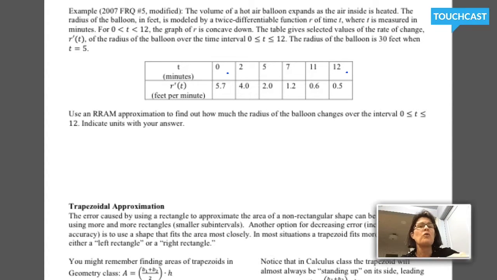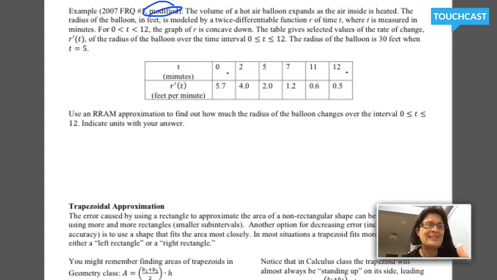So, see the part where I said I modified this? Clearly, when I modified this, I didn't remember to include how many rectangles you should use. So let's assume that this said use an RRAM approximation with 1, 2, 3, 4, 5 intervals.